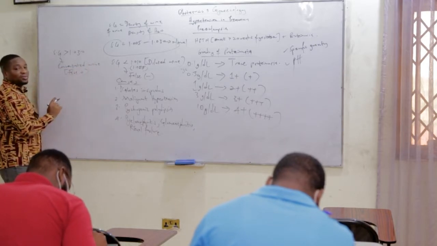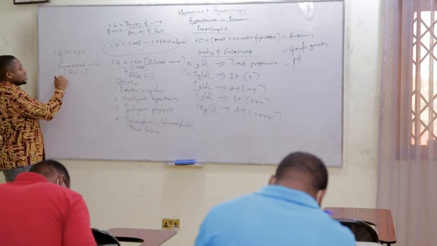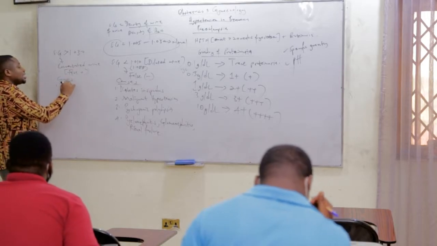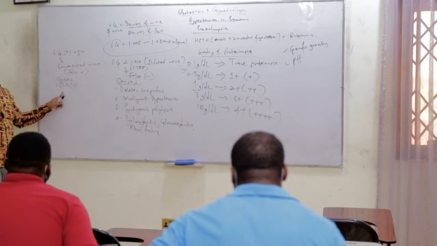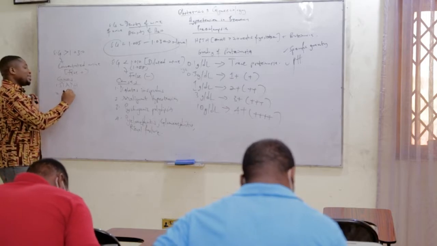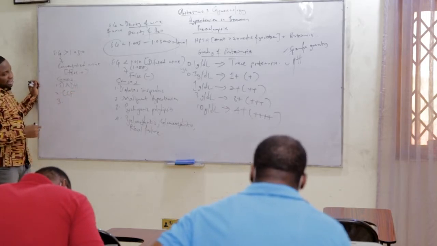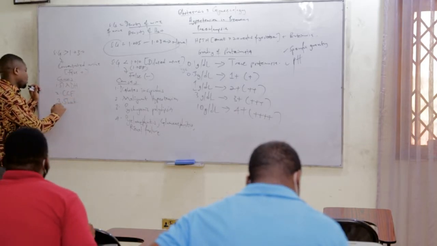Then you'll be asking yourself, what can cause the urine to be concentrated? So causes: you can think of syndrome of inappropriate antidiuretic hormone secretion, number one. You can also think of congestive cardiac failure, number two. What else can you think of? Shock. Yes, if there's shock. What else?